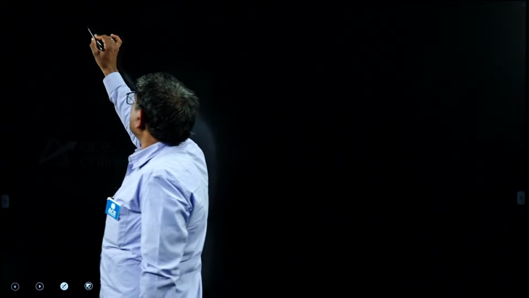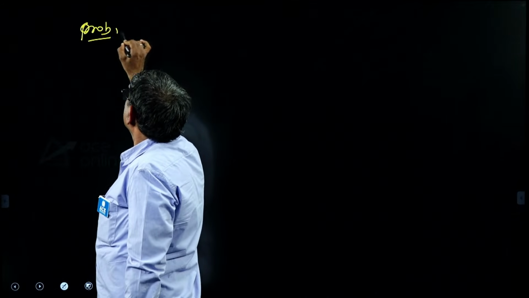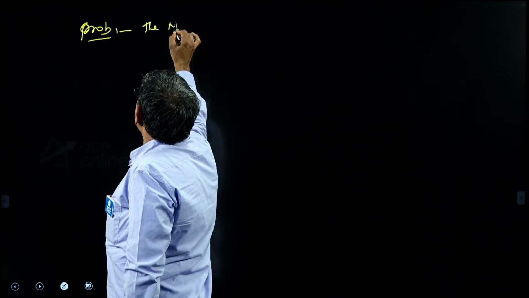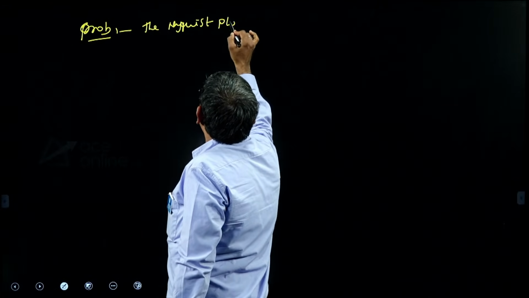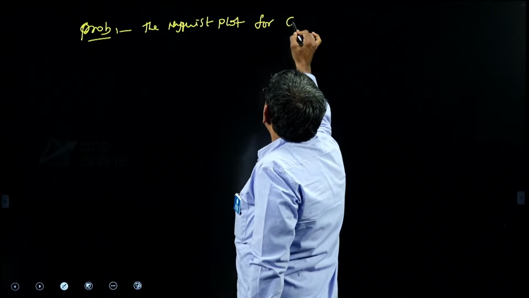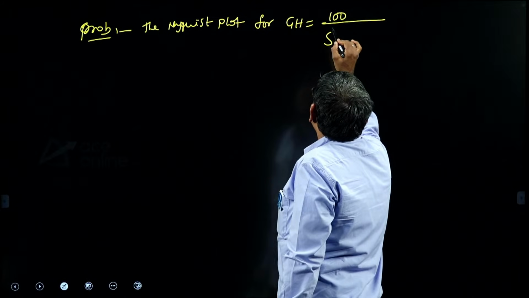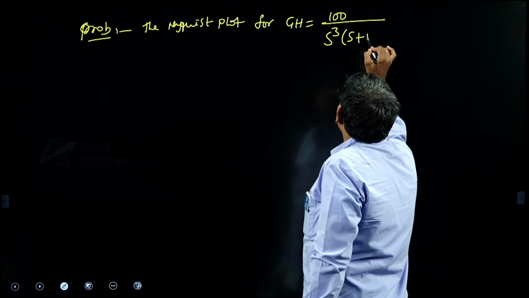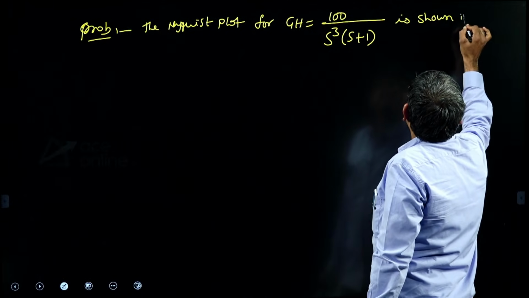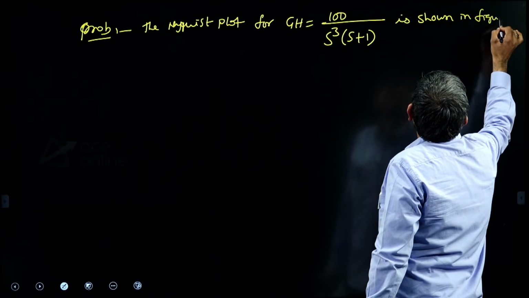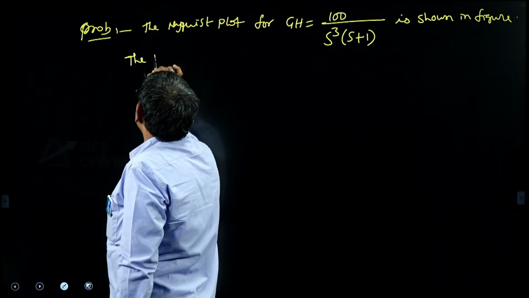For example, given this, the Nyquist plot for GH equal to 100 divided by S cube into S plus 1 is shown in the figure. The number of closed loop poles on the right are, come on, tell.